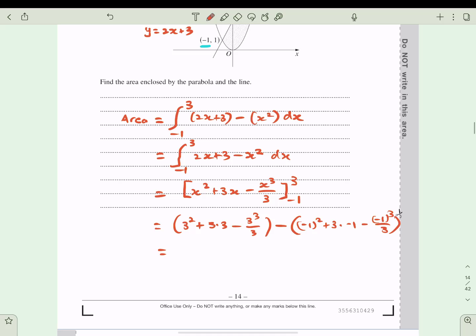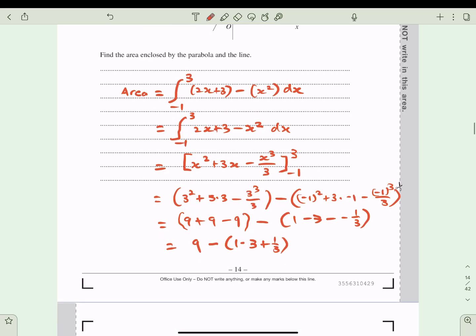This is equal to 9 plus 9 minus 9, minus 1 minus 3 minus -1 on 3. All right, keep going. So this is just math at this point. 9 minus 1 minus 3 plus a third. And that should finally equal, when we put this into our calculator, 32 on 3 units squared.